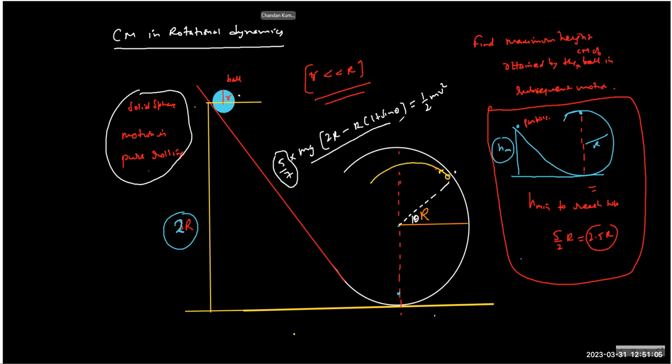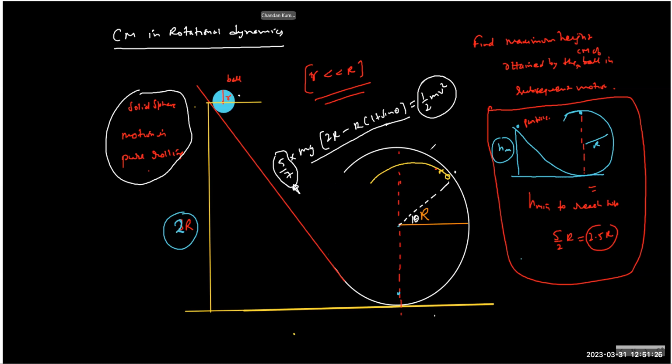But half I omega square will also be there, right? No, that is taken care of by the fraction 2/7. So what you are saying is correct. Out of the 7 parts, 5 parts will contribute to the translational, and 2 parts will contribute to the rotational.